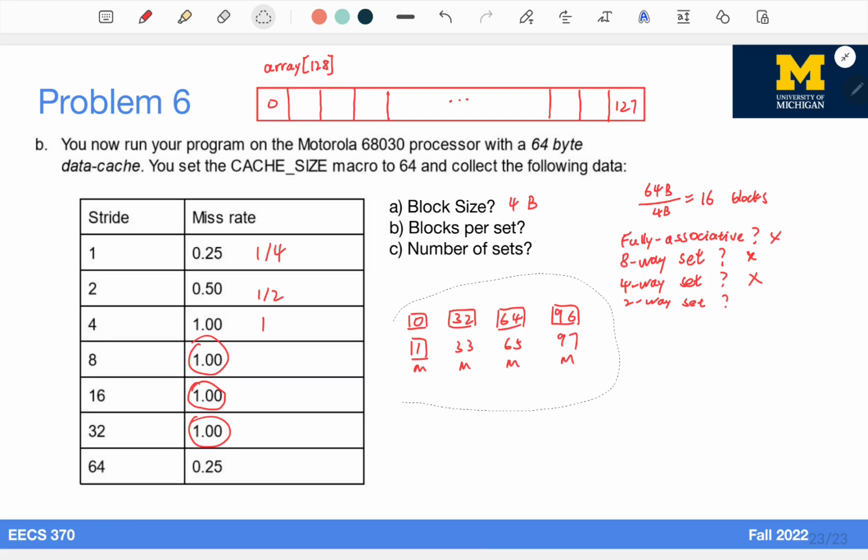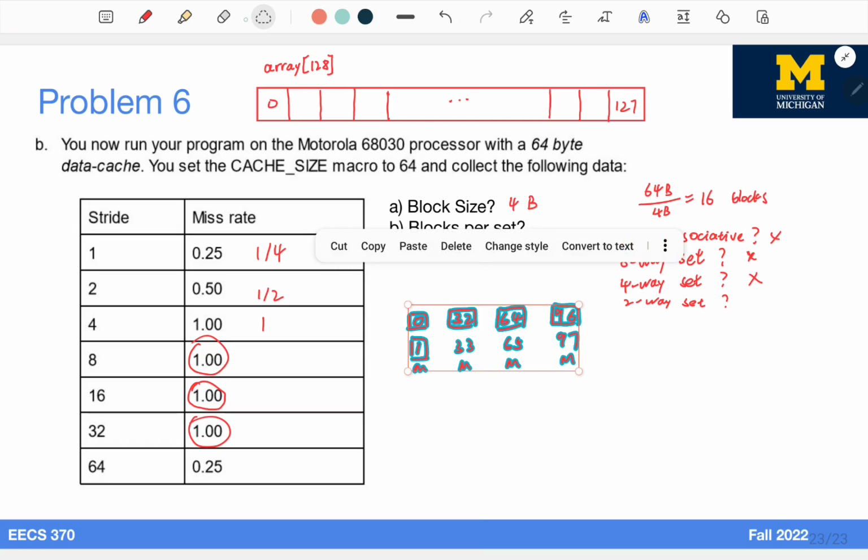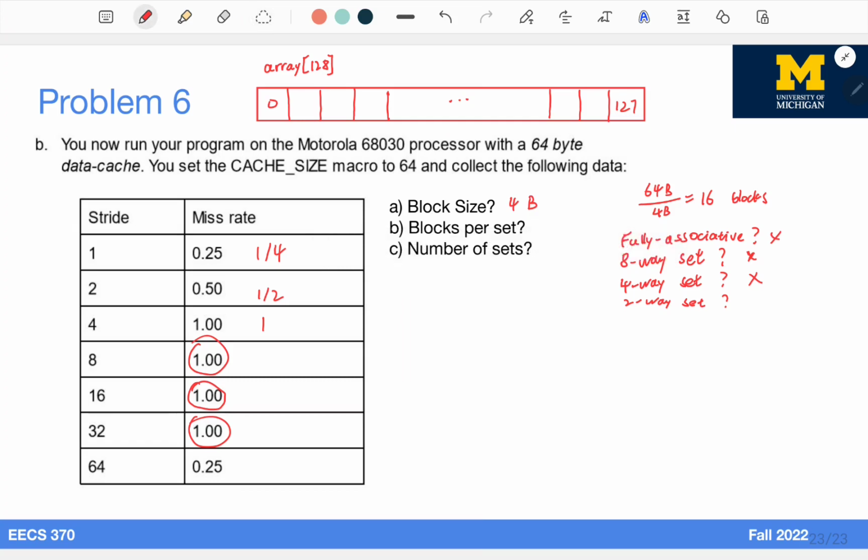Okay, finally, let's use our assumption of a two-way set associative cache to test the case when stride equals 64.